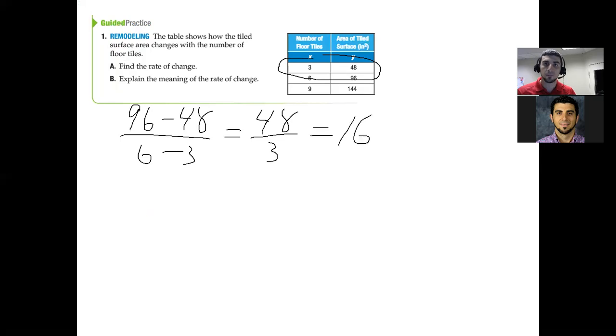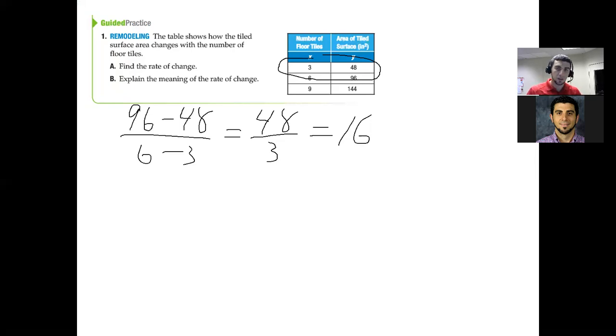And that would be the rate of change in the area with respect to floor tiles. So the surface area, in other words, goes up by 16 inches squared for every additional floor tile you use.